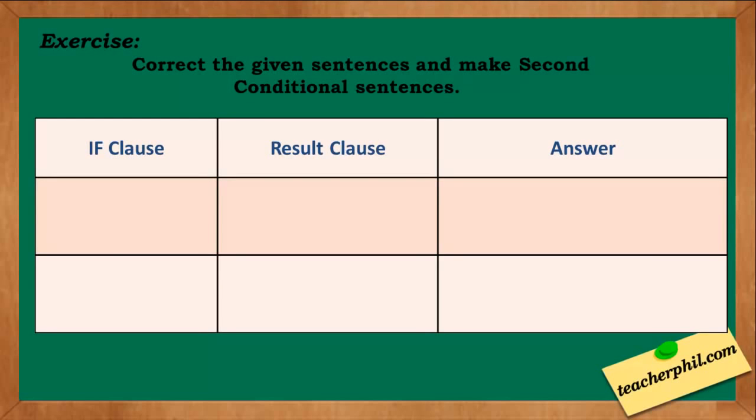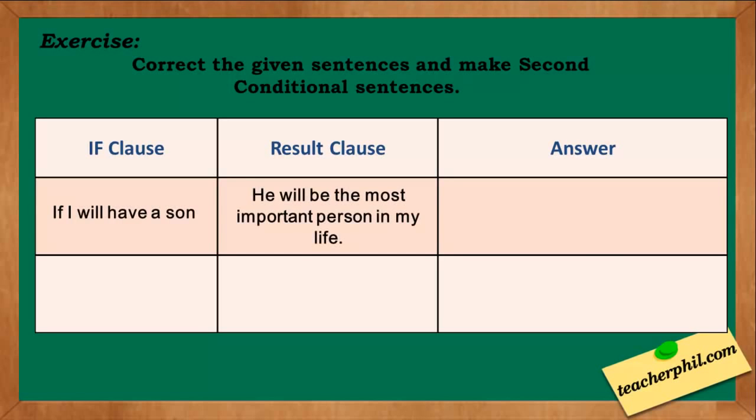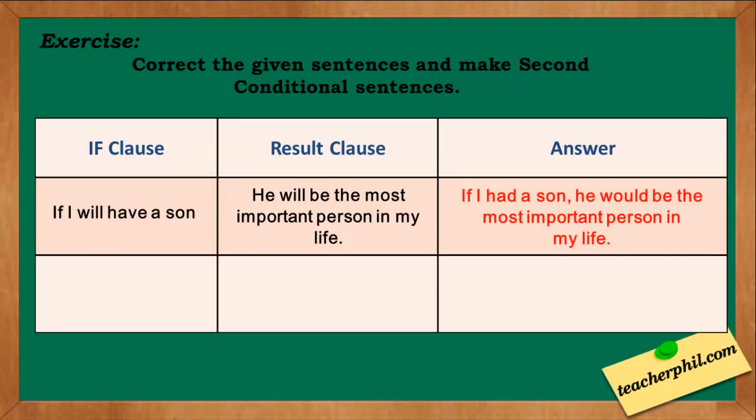For our exercise, correct the given sentences and make second conditional sentences. The first one: if I will have a son, he will be the most important person in my life. The answer is if I had a son, he would be the most important person in my life.